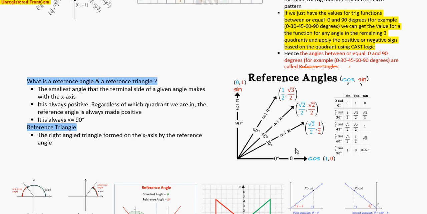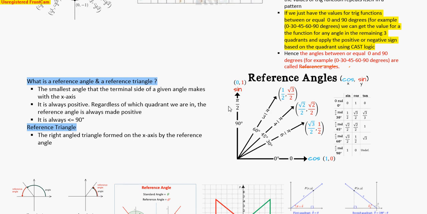But the beauty is that you don't have to worry about that, as long as you know some of the values of these angles. The angle is pretty much straightforward: 30, 45 and 60 are pretty much the three angles that you will get, because the values for the other two angles, 0 and 90, are very easy. The sine is going to be 0 and 1, the cos is going to be 1 and 0. You just have to remember these values.